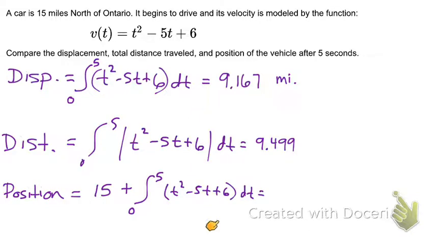And we already calculated the displacement. We know that the displacement is 9.167. So if I add how far I went plus where I started, that would be 15 plus 9.167, which gives me 24.167 miles. This one should have been miles too. Miles north of Ontario.